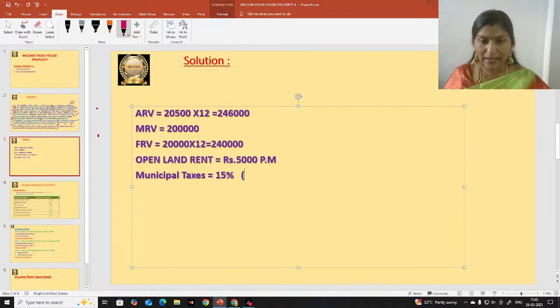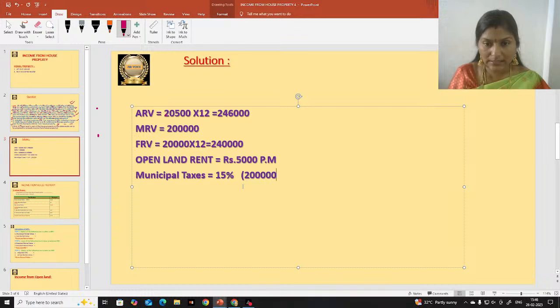Okay, so let me calculate here only. We can calculate here, or we can calculate in the solution, in the format for calculation of income from house property. So municipal taxes are 15%. Always remember, students, municipal taxes should be calculated on MRV, municipal valuation. What is municipal valuation here? 2 lakhs.